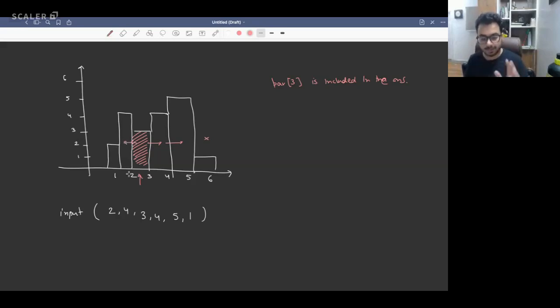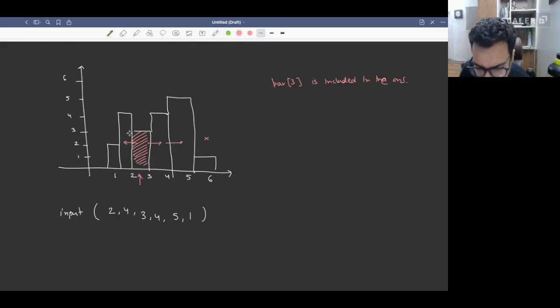You can say, okay, this can be included, but this bar cannot be included, right? So basically, what's happening? The first bar to the left of this bar that has a smaller height cannot be included, but everything after that can be included, right?